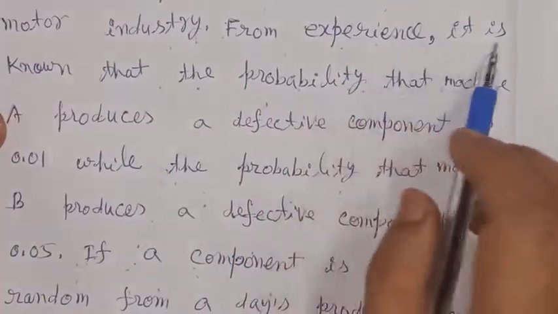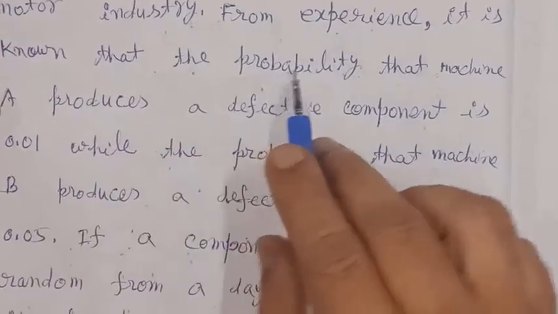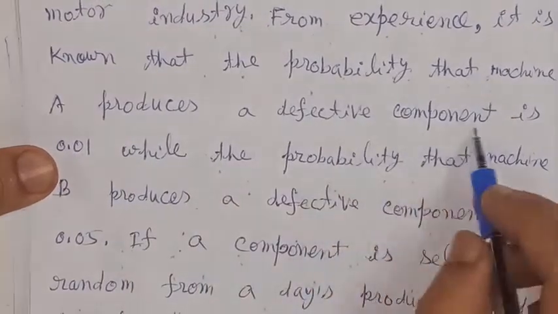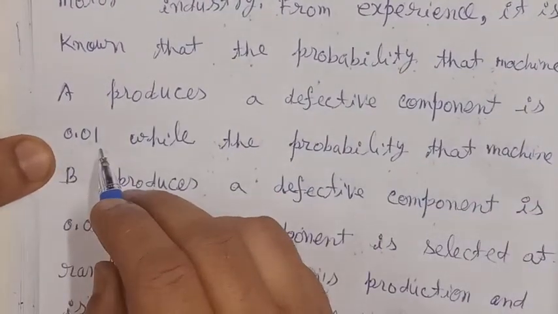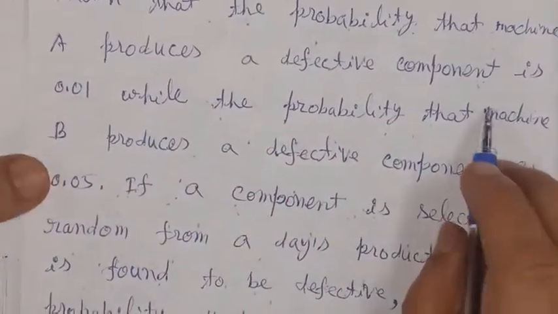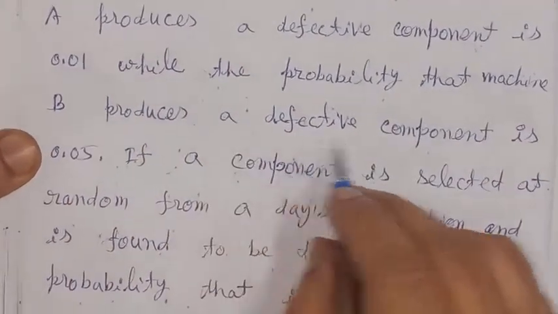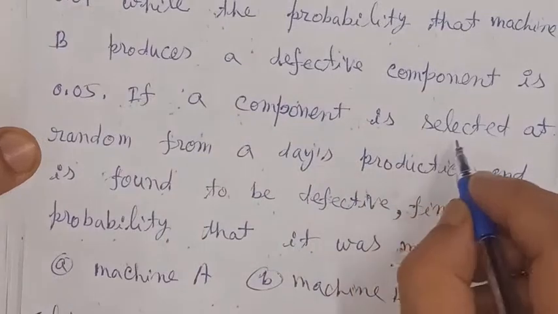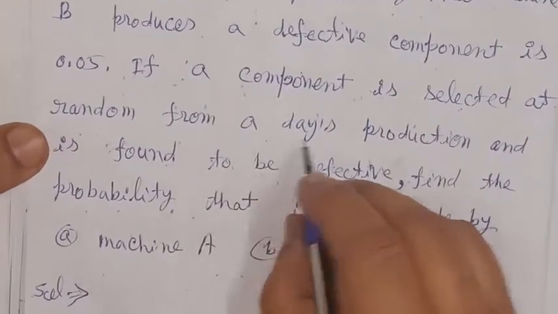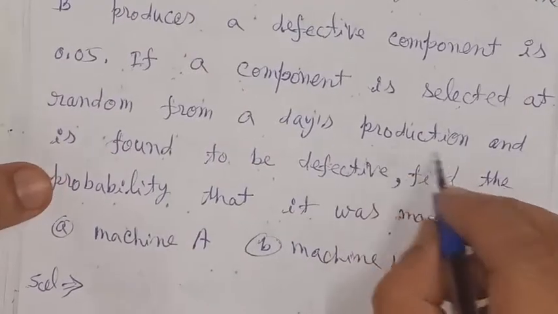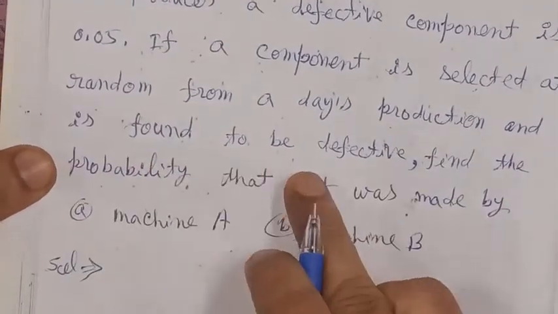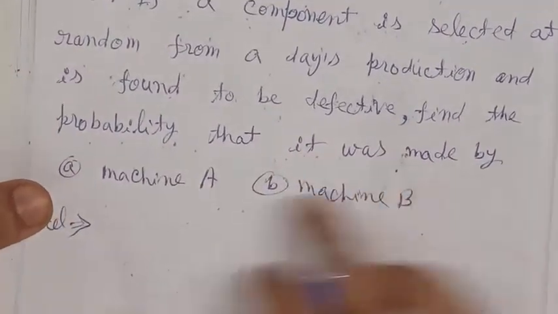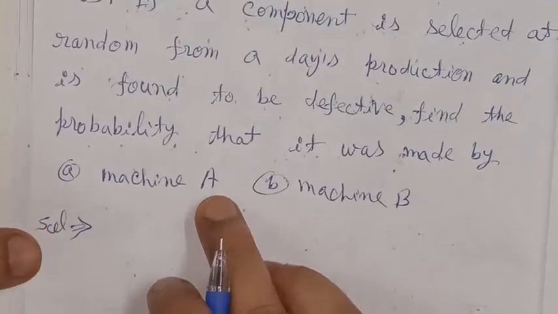From experience, it is known that the probability that machine A produces a defective component is 0.01, while the probability that machine B produces a defective component is 0.05. If a component is selected at random from a day's production and is found to be defective, find the probability that it was made by machine A and machine B.